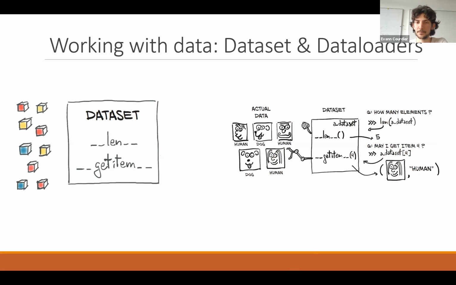So here, human. As you see, it's always providing you with a tuple, sample and label, and it does not necessarily hold the data. You can see that it does not load all the images. It will just go fetch the one that you require.